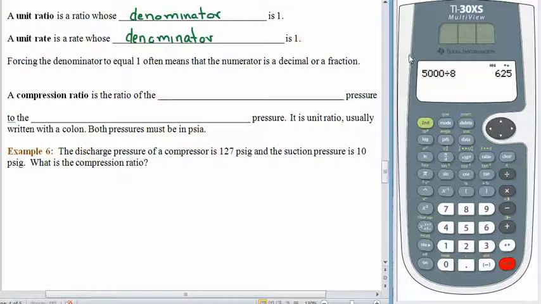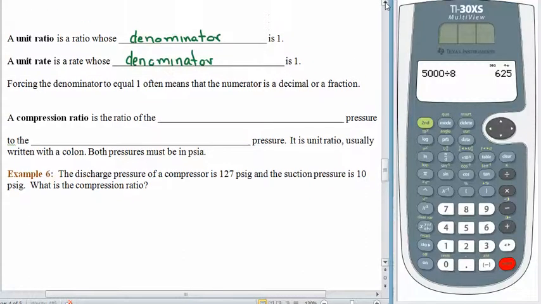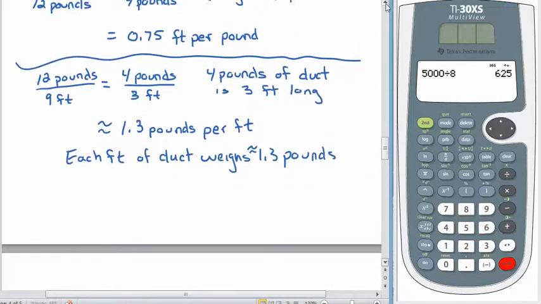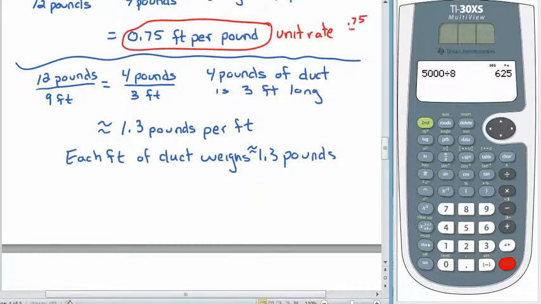And we just finished that. Let me come back up here so you can see. All right. This one is a unit rate. This 0.75 feet per pound is like this, 0.75 feet for every 1 pound.